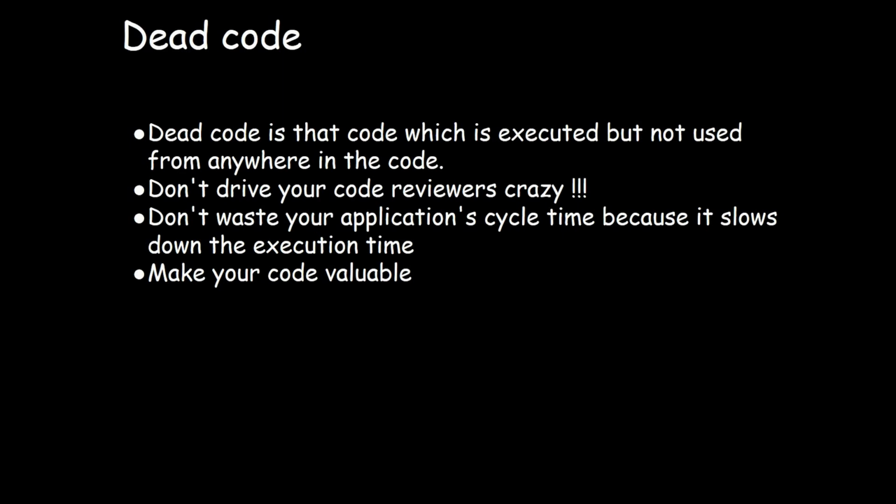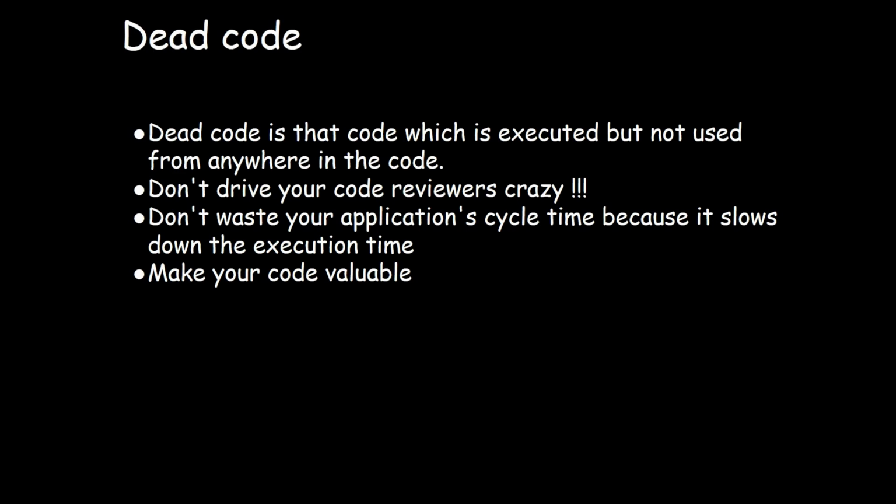So these codes should be eliminated immediately from your class or method. The compiler knows there is a method, suppose getFullName, it knows about that method, but your program didn't call it anywhere from your code. Don't drive your code reviewers crazy.